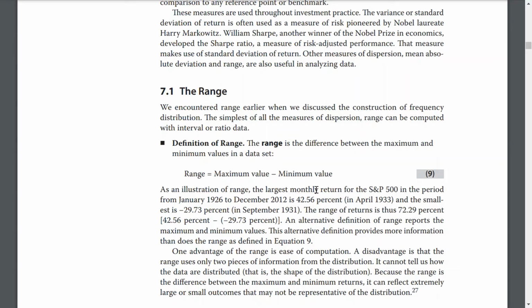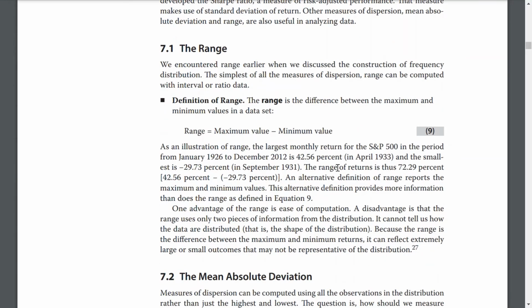As an illustration, the largest monthly return of the S&P 500 in the period of January 1926 to December 2012 is 42.56% in April of 1933, and the smallest is negative 29.73% in September of 1931. The range of return is 72.29%, or 42.56% minus negative 29.73%.